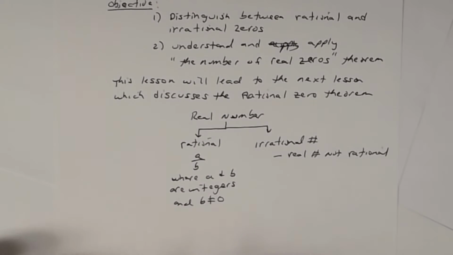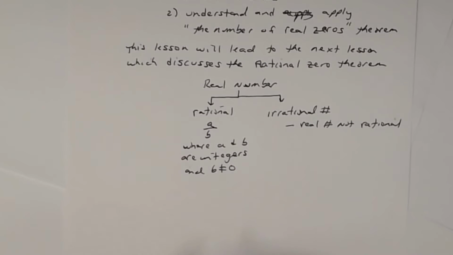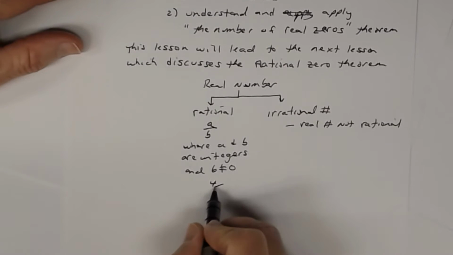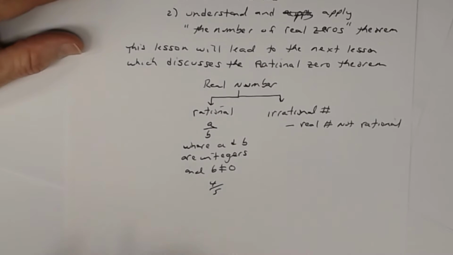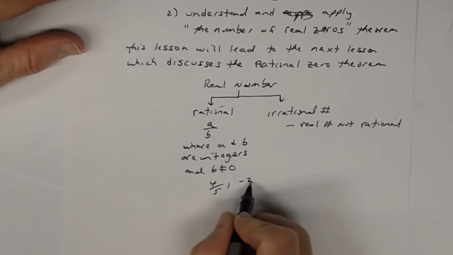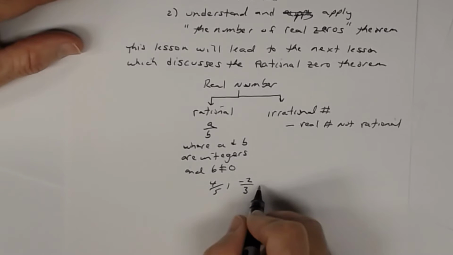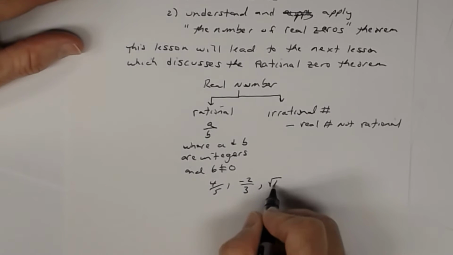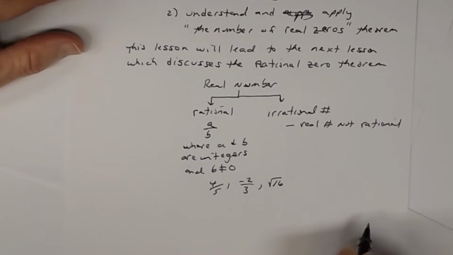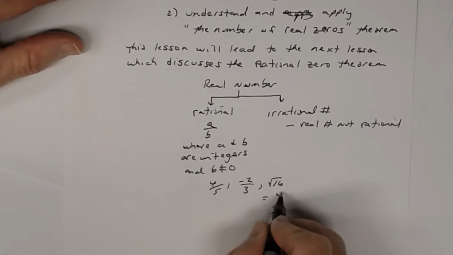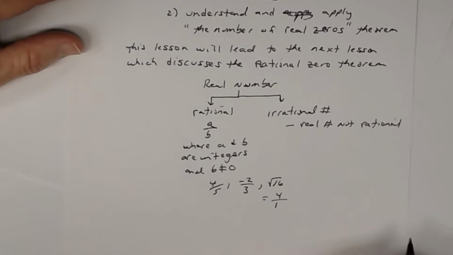Some examples of rational numbers would be the fraction 4/5, because 4 and 5 are integers. Negative 2/3, because negative 2 is an integer, and 3 is also an integer. The square root of 16 is an integer, because the square root of 16 is 4, and I can write 4 as 4 divided by 1, and 4 and 1 are integers.